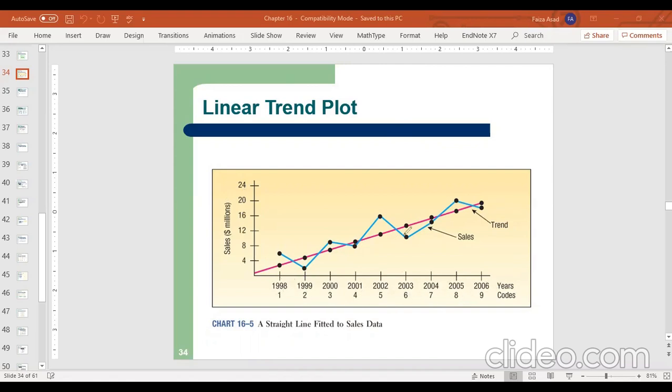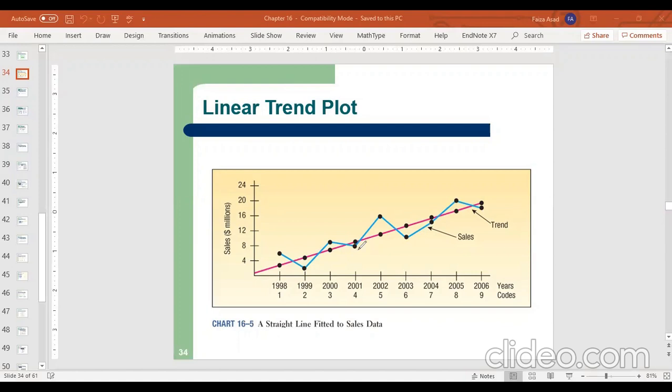So this is a straight line fitted on sales data. If we draw a line on the sales data, probably 3 people would draw different lines without using any particular method. That method would involve subjective judgment.